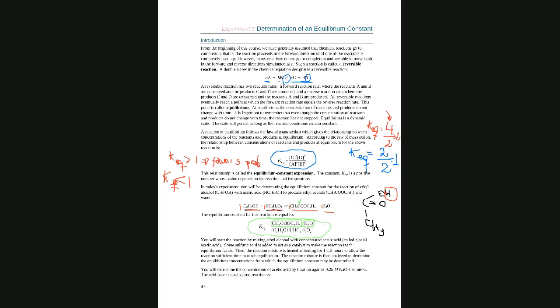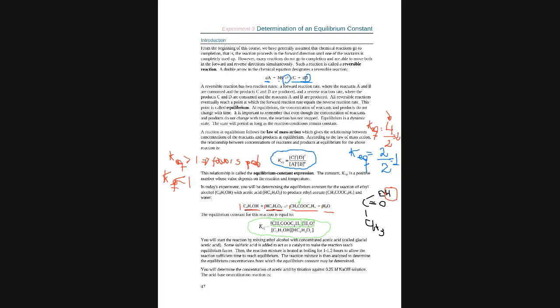So we are going to study this equation and calculate in the report the equilibrium constant of this reversible reaction. So basically here we are going to mix concentrated acetic acid and ethanol, and we have to add sulfuric acid that acts as a catalyst.